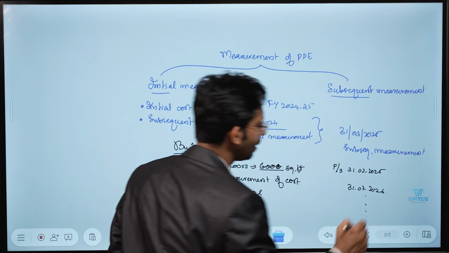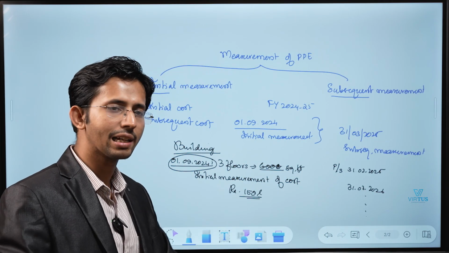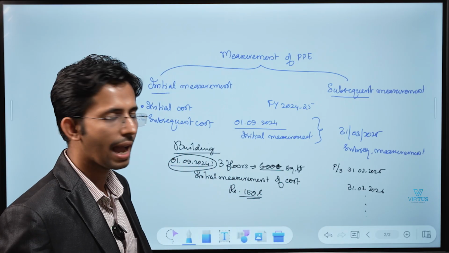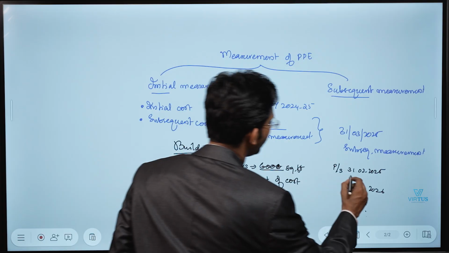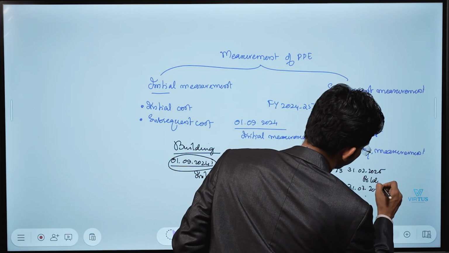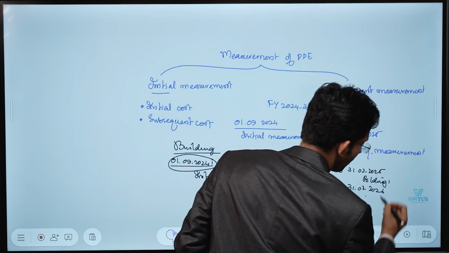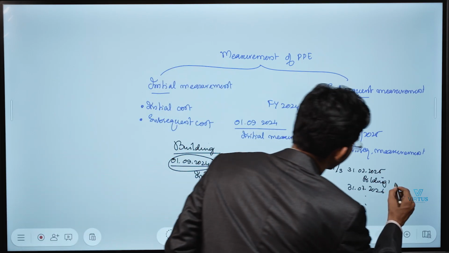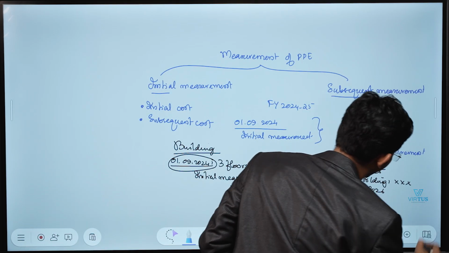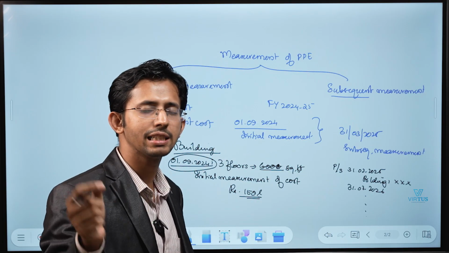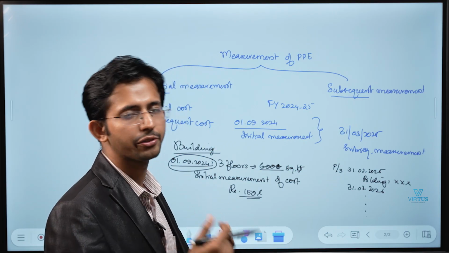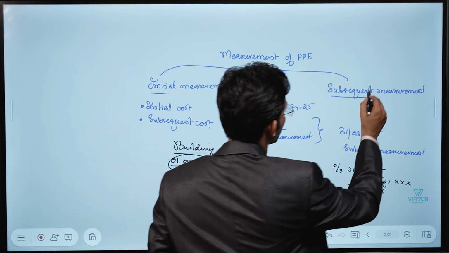Thereafter, until this is disposed of or derecognized, it will appear in every financial statement, and in all these financial statements you will show this building. Building will be measured and it will be shown as an asset. Now this measurement of the value of the building, which is reported in the subsequent financial statements on the reporting dates thereafter, is what is known as subsequent measurement.